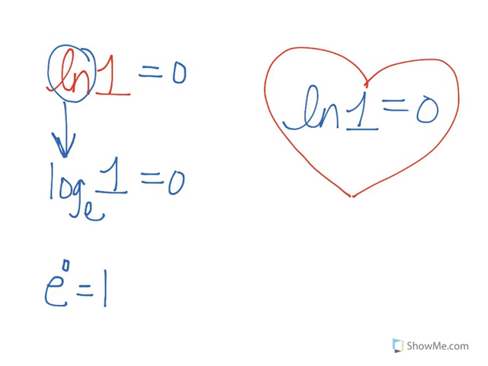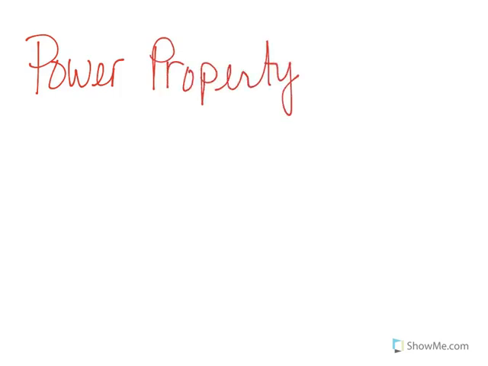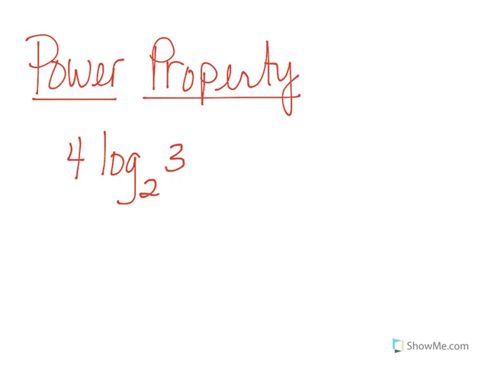So now we're going to incorporate what we learned in the last lesson about the power property. So let's review the power property of logarithms. Okay. And the power property says that if you have a logarithm, let's just say we have the logarithm of base 2 that gives us 3, and let's just say that we had a coefficient of 4 sitting in the front.